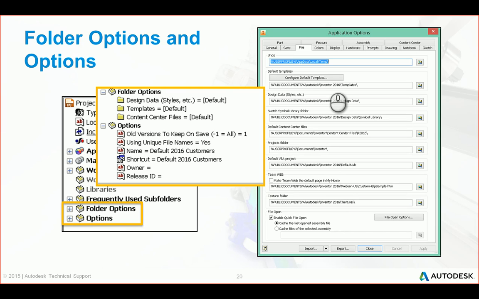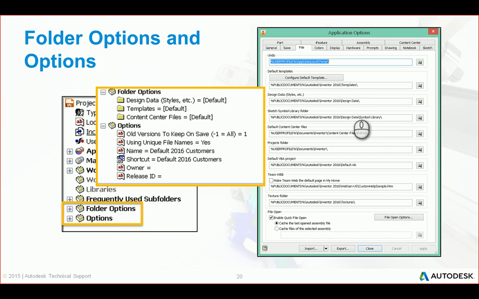So if you're in a network environment and you want to have all of your Content Center parts on a network location, so everybody's going to the same location point, same thing. The default for this would be in your personal user profile.